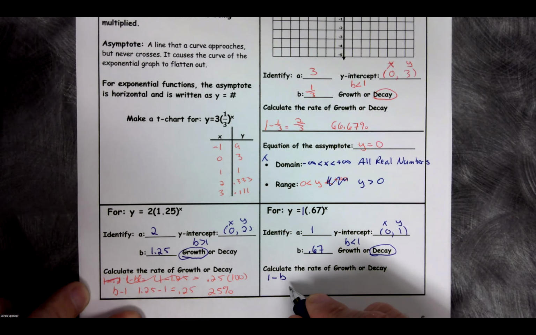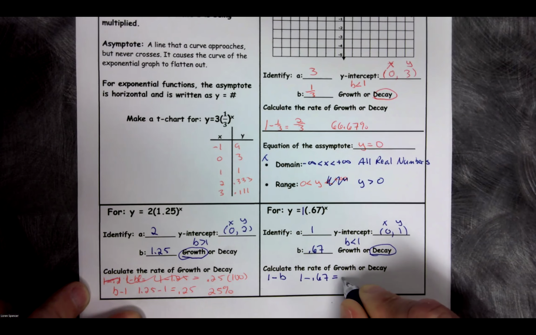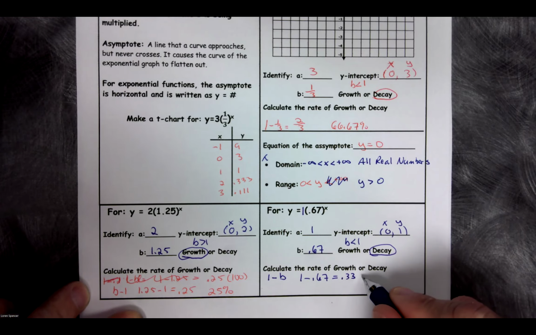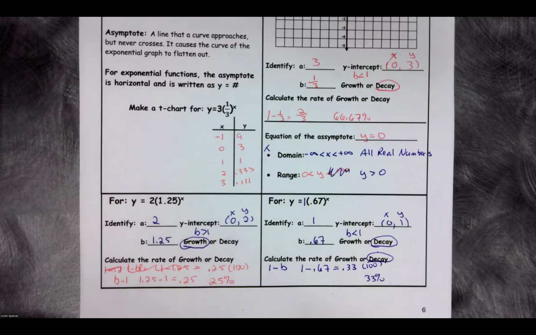I have to do that because B is less than 1. So 1 minus B. And so when I do that, I have 1 minus 0.67 equals 0.33. Once again, we multiply that by 100 and we get 33%. And remember, because B is less than 1, this is a rate of decay.